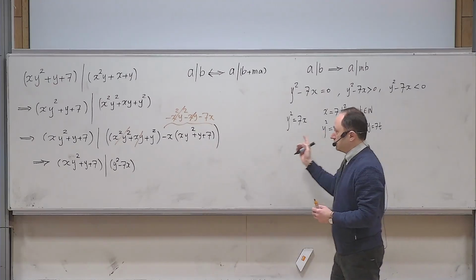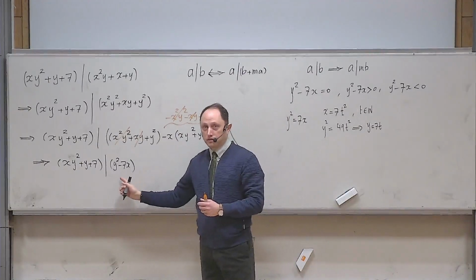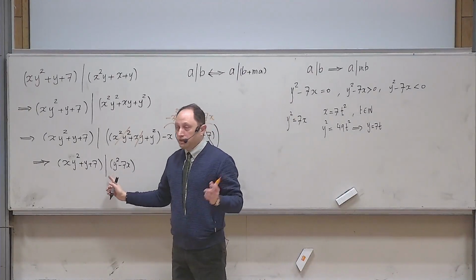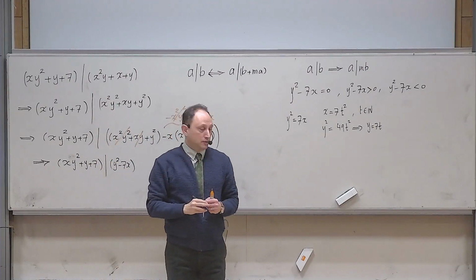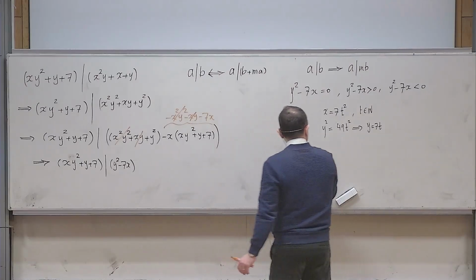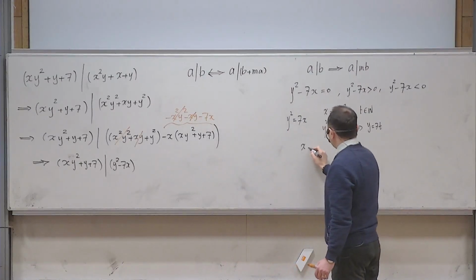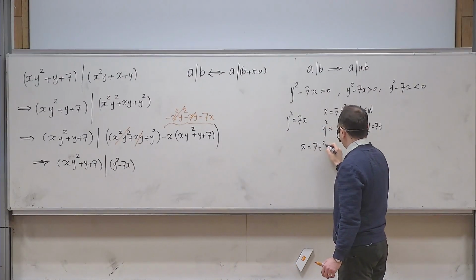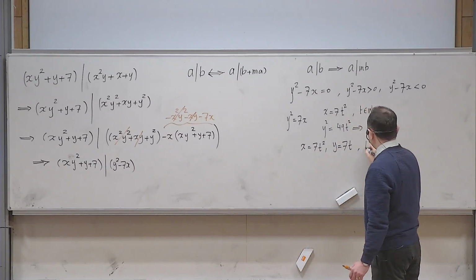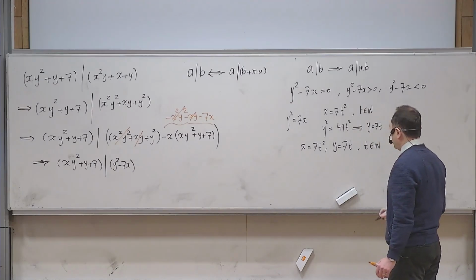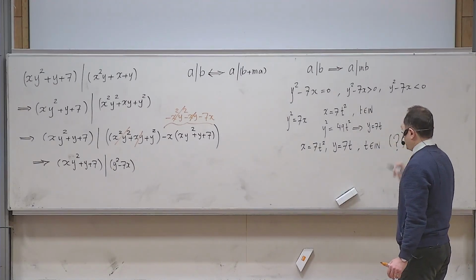These are definitely solutions to this last relation, but it is not guaranteed that they are solutions to my original problem. I really have to check it out. So at least I have infinitely many candidates. Any pair of natural numbers of this form is a candidate. But let us see if this is true or not.